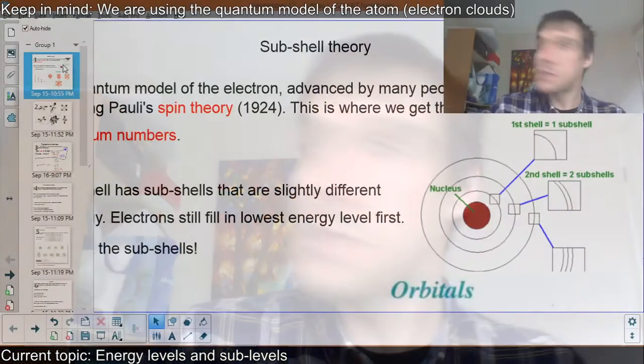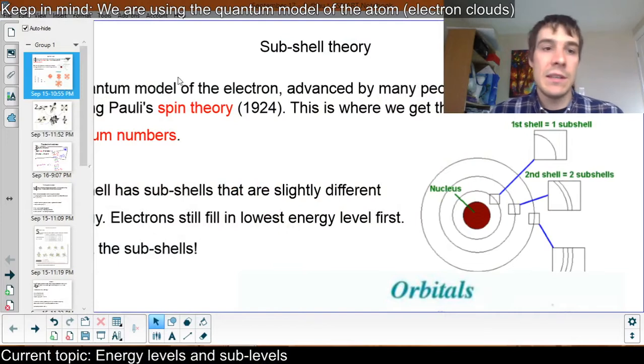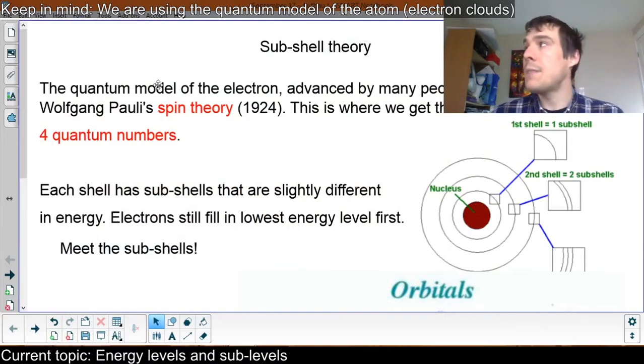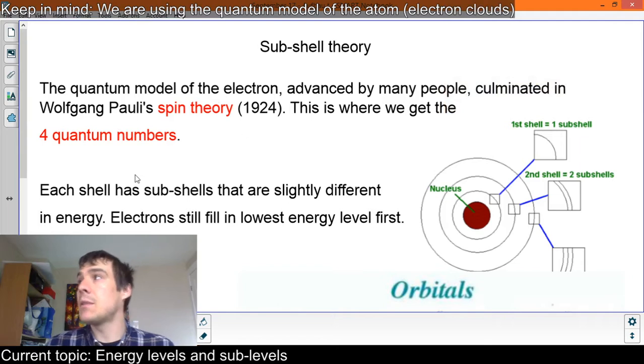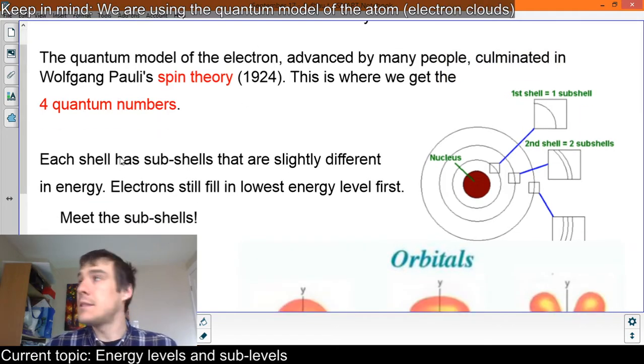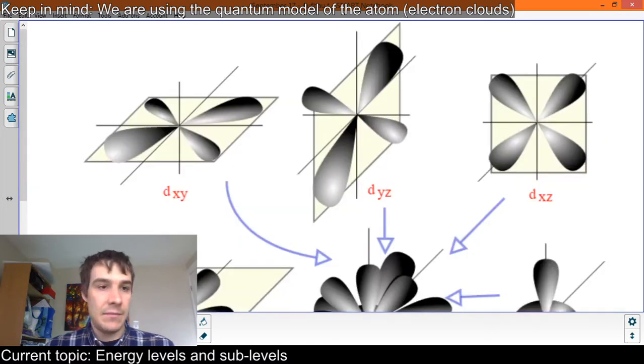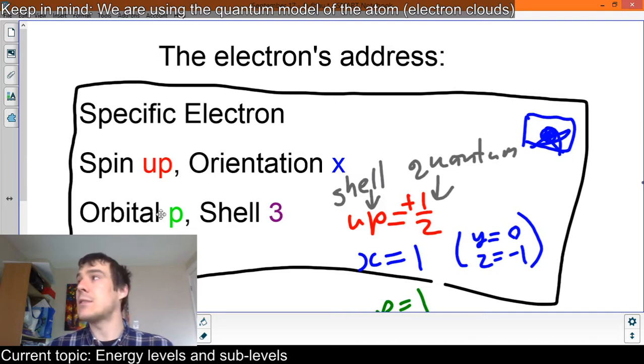And this is where we're starting with subshell theory. And what we're interested in is really getting down to the 4 quantum numbers. The 4 quantum numbers are these numbers that basically tell us the address of the electron. So I made a dumb little comic here, like the electron's address, right?